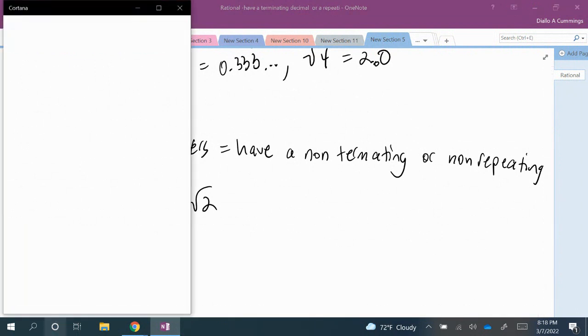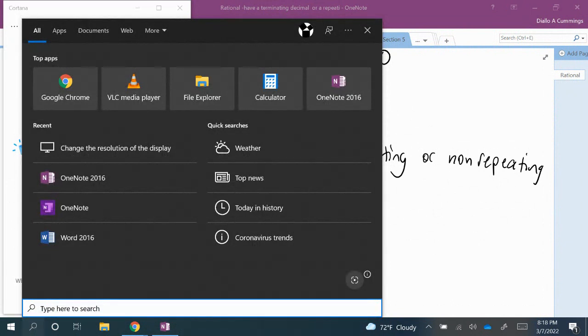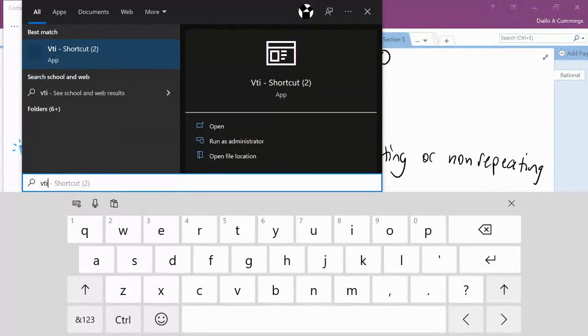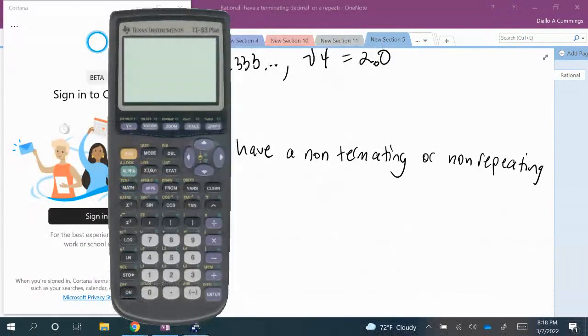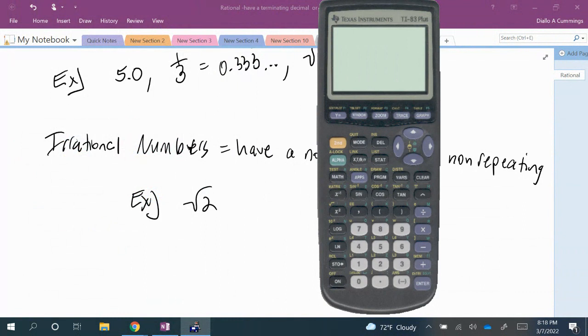For example, if I were to put the square root of 2 into the calculator, notice that the decimal never stops, it never repeats.